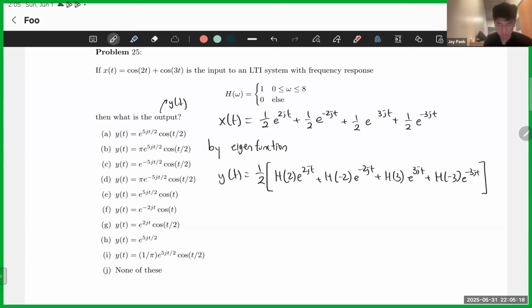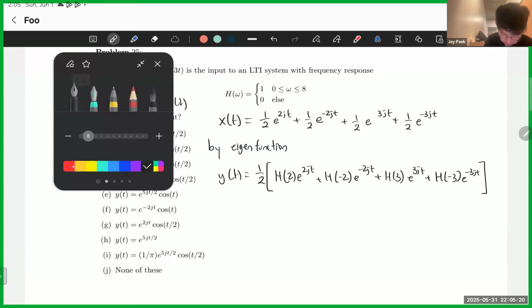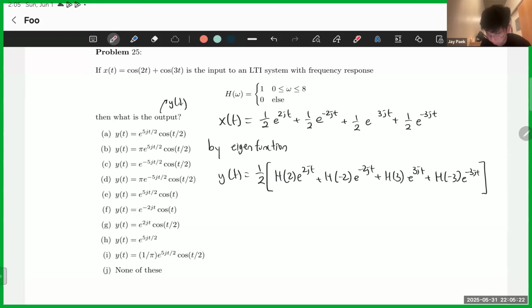Okay? And we realize that H of omega is actually just 0 at some point, straight up. And we can just kill these two. What we have left is that these are just ones, so we could ignore those. And what we obtain is that this is just 1/2 e to the 2jt plus e to the 3jt.